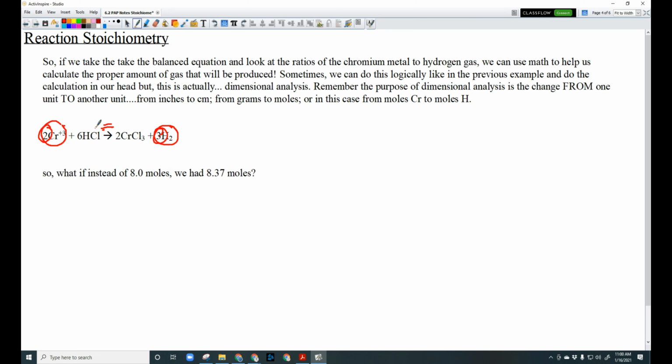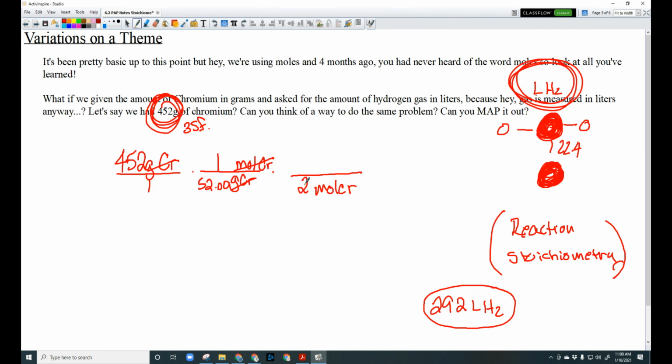So let's look back. 6 moles of hydrochloric acid is needed for 2 moles of chromium. So 2 moles of chromium is going to require 6 moles of hydrochloric acid.